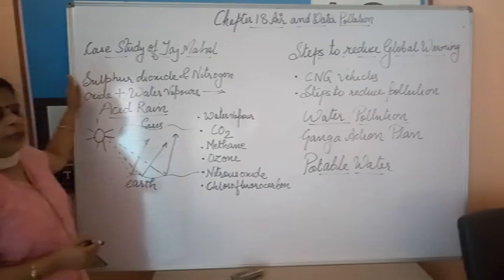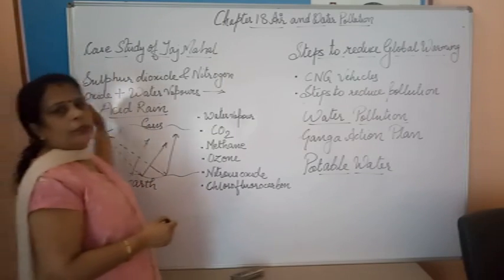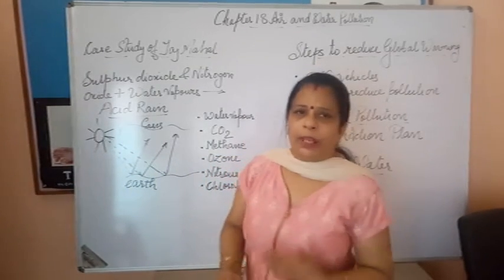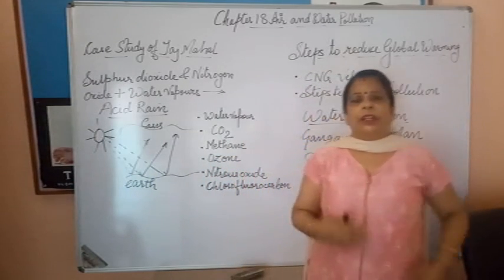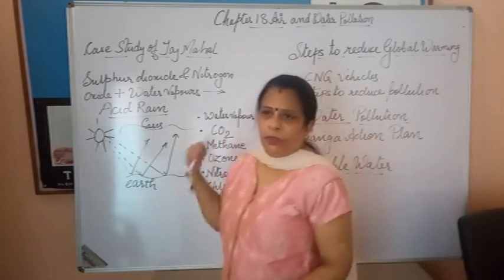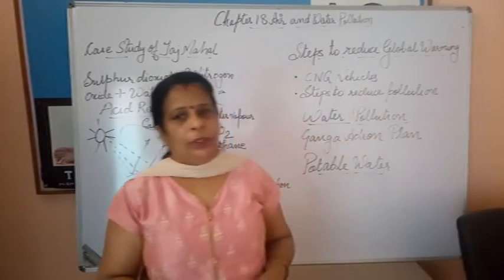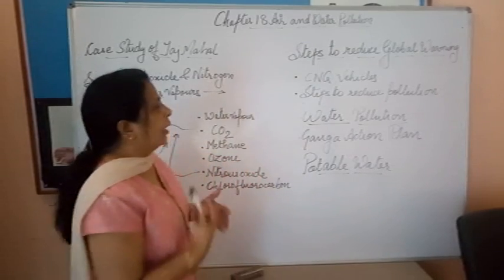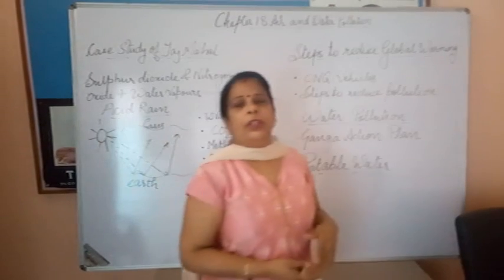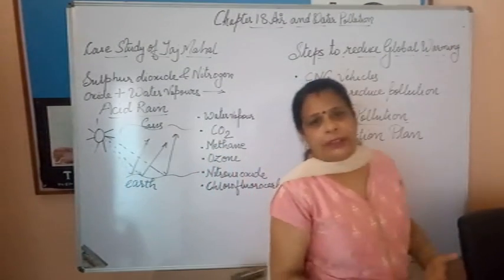So slowly, you might have heard in the newspaper, on television, that the color of the Taj Mahal is changing, the beauty of the Taj Mahal is reducing day by day because of the acid rain.